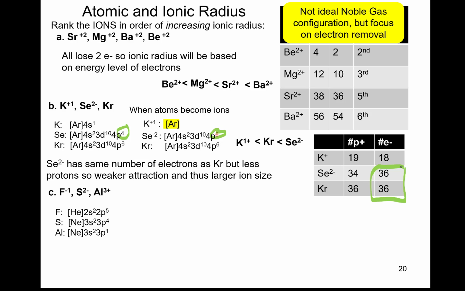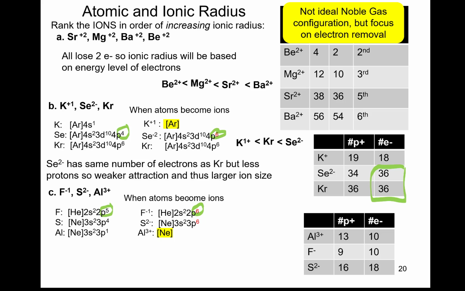Last group, those are the electron configurations when they're neutral atoms. Let's focus on the electrons that get removed. So when they become ions, we notice that fluorine now has an extra electron in the 2p orbital. Sulfur has gained 2 electrons in the 3p orbital, and aluminum has lost 3 electrons.